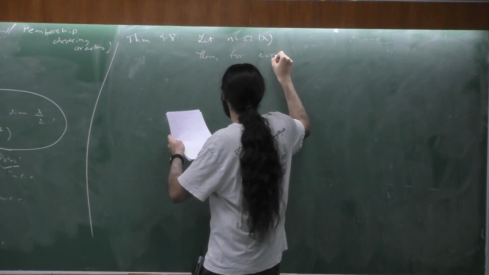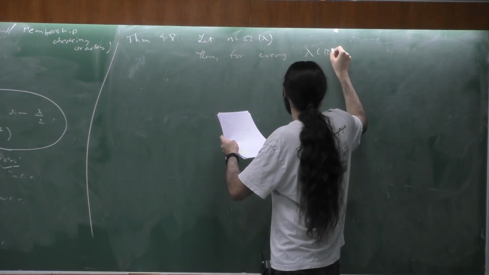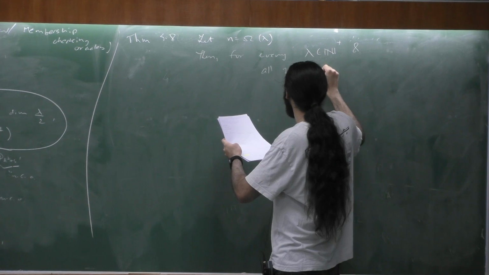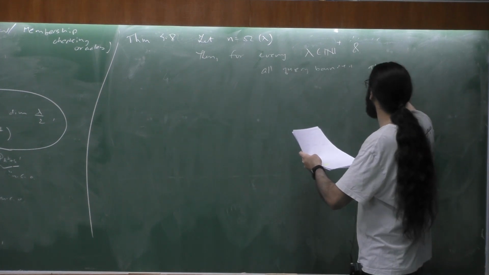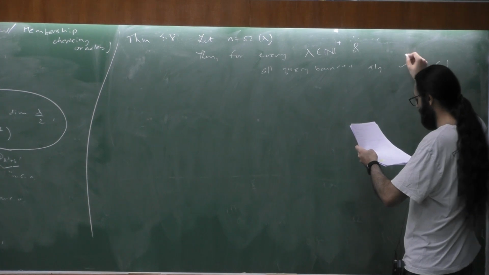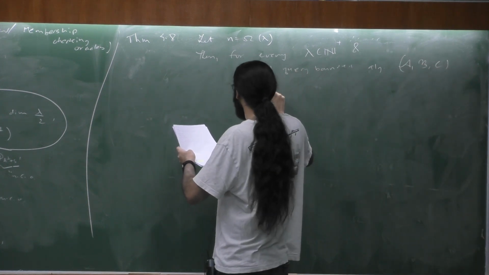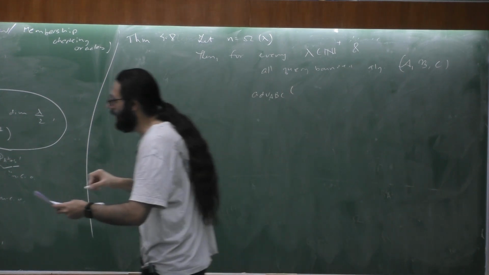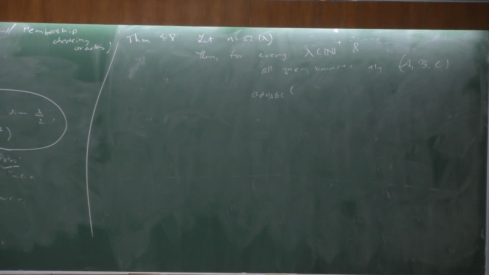Then for every lambda in N plus and all query bounded algorithms A, B, C, the advantage of A, B, C in that game, oh yeah, sorry, I forgot to say, let advantage of A, B, C denote the success probability above.